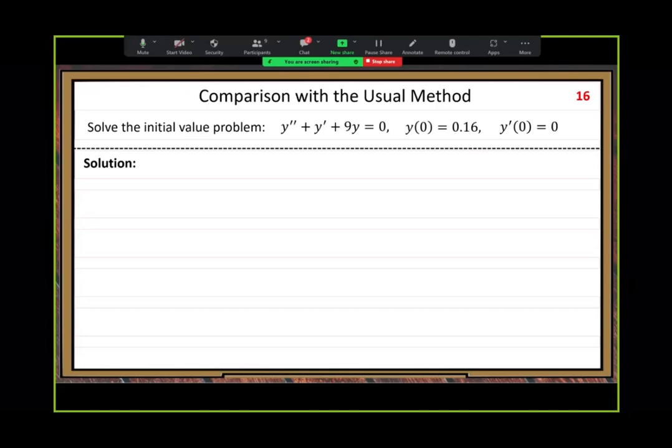When we solve an ODE using the old way, we need to identify different types, right? Think about homogeneous, non-homogeneous, also several different types. The characteristic equation has 3 cases, right?